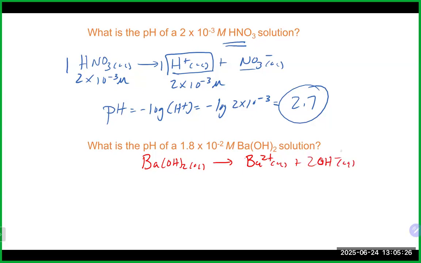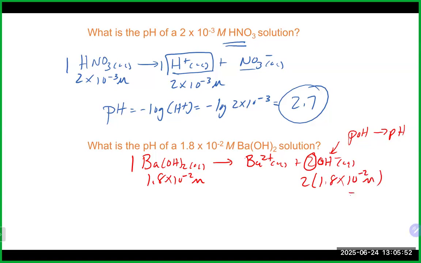In this case, the OH minus is of interest so that we could get to our pOH and then to our pH. This is 1.8 times 10 to the minus 2 molar. It is a 1-to-2 relationship here, so we do actually have to multiply the concentration of hydroxide by 2 to get the correct concentration.